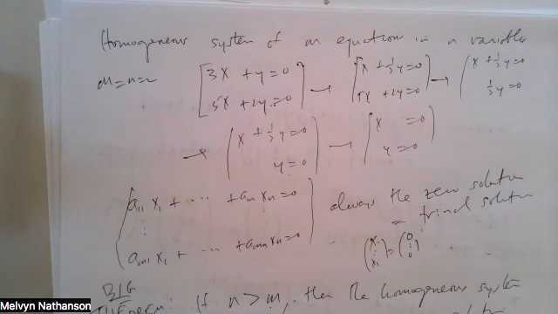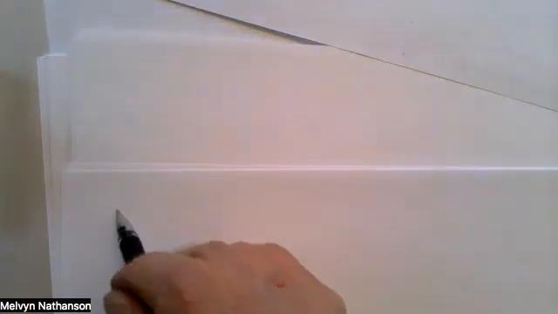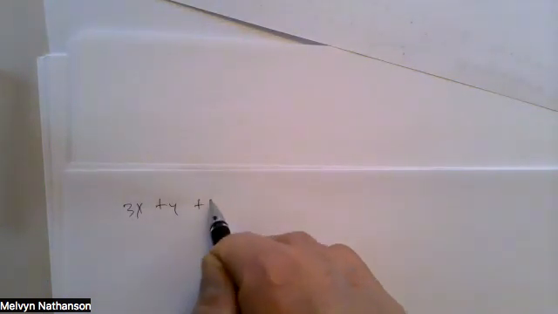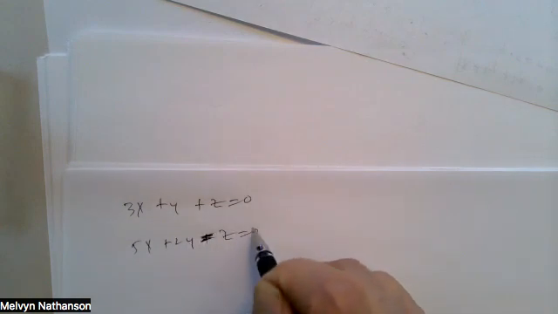So if instead of 3x plus y equals 0, 5x plus 2y equals 0, suppose we had the system 3x plus y plus z equals 0, 5x plus 2y minus z equals 0.